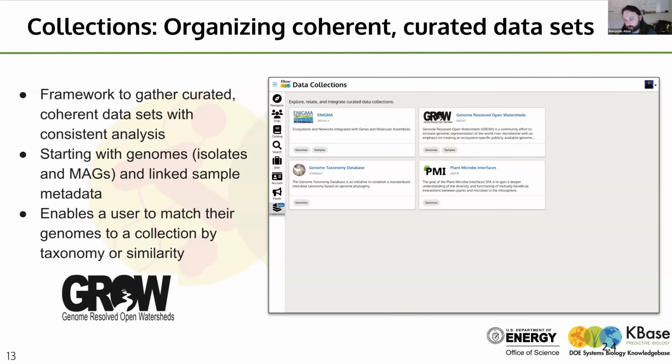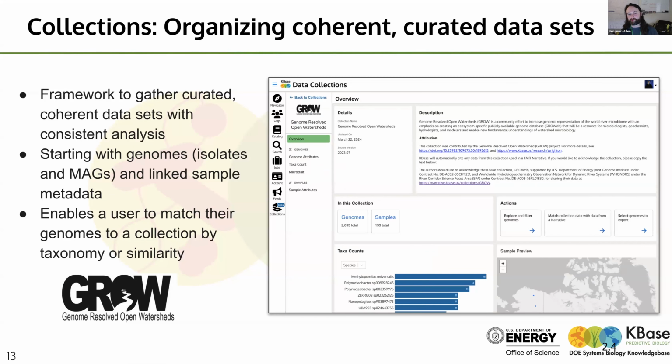And so these are all isolates drawn from different kinds of river environments. If you are studying river ecology, or you have an isolate from that kind of environment, you can search for that against the GROW collection and see if there are any hits or similar genomes in that collection.